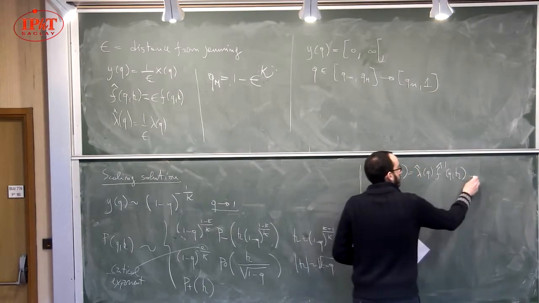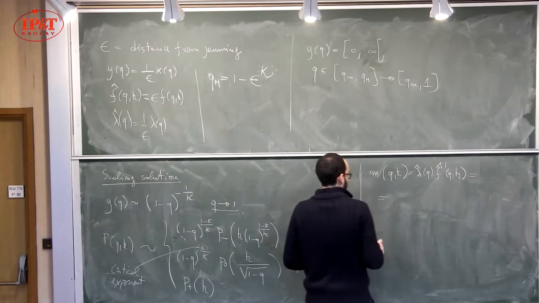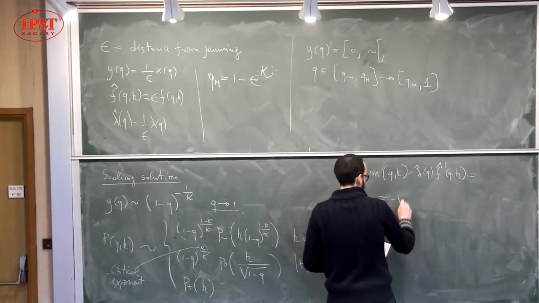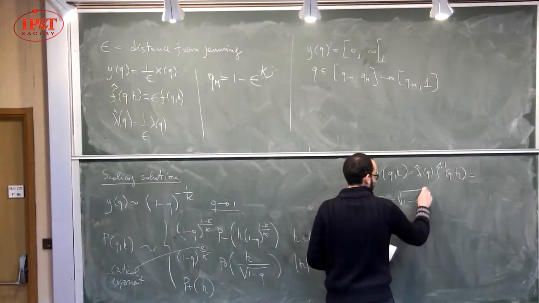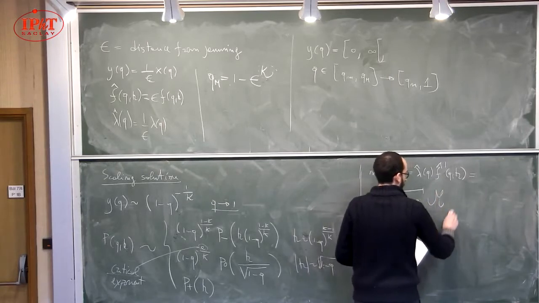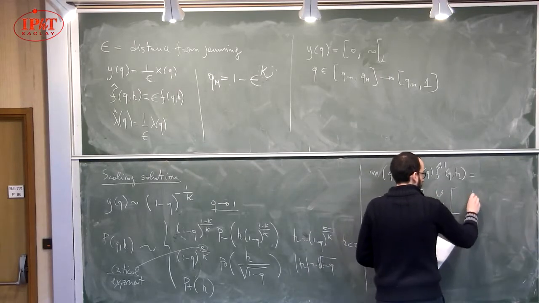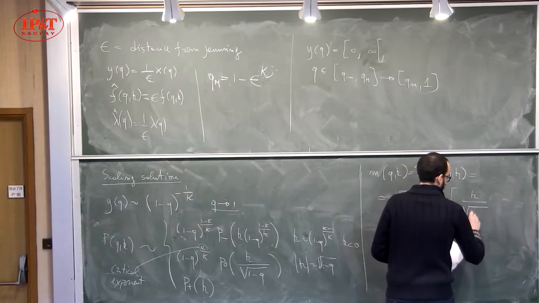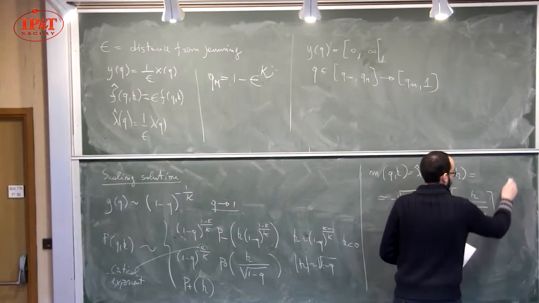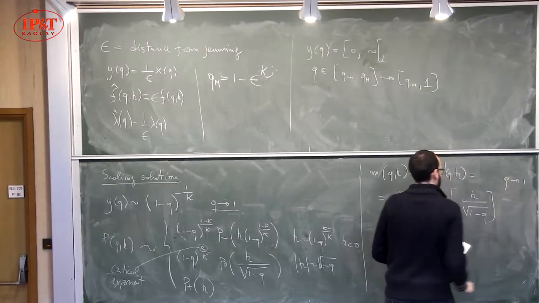And this I will say that when Q goes to 1 is minus square root of 1 minus q, and then we have a scaling function, of course when q is 1.